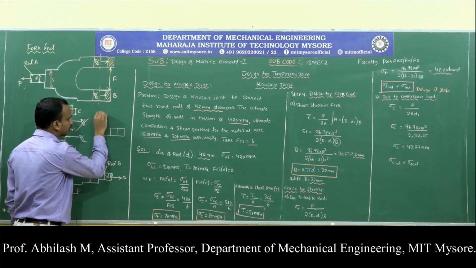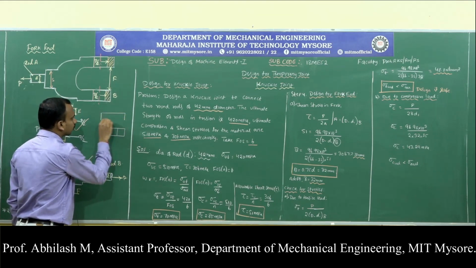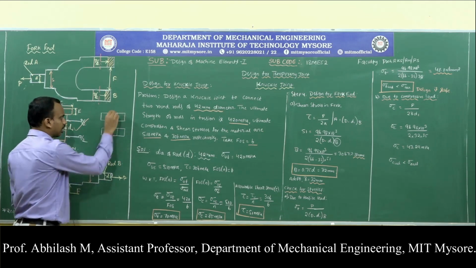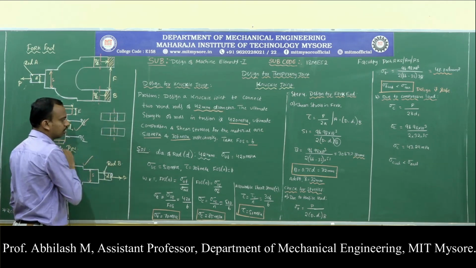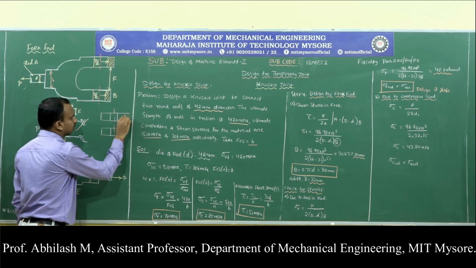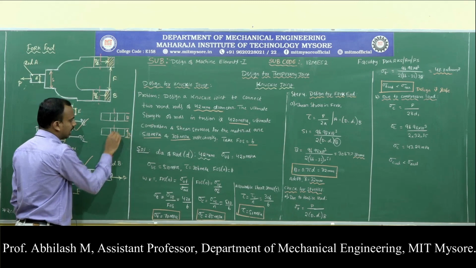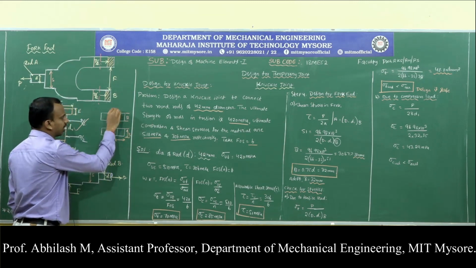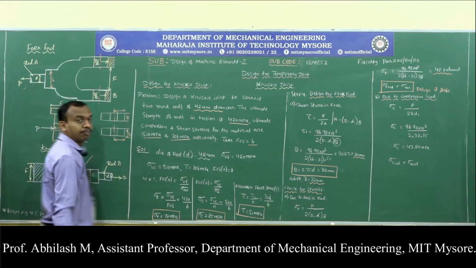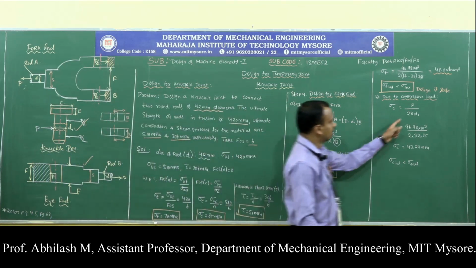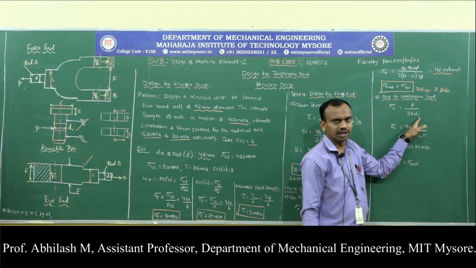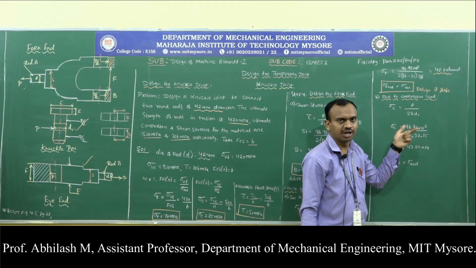This is one, this is one. Here where the knuckle pin is inserted, and this is my thickness B, and the diameter is with respect to the pin. So it is 2B into D1. 2 is because of 2 different areas.